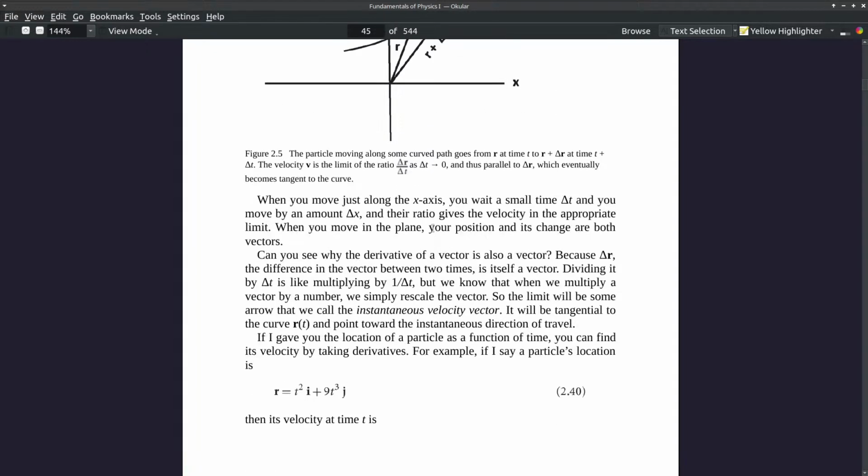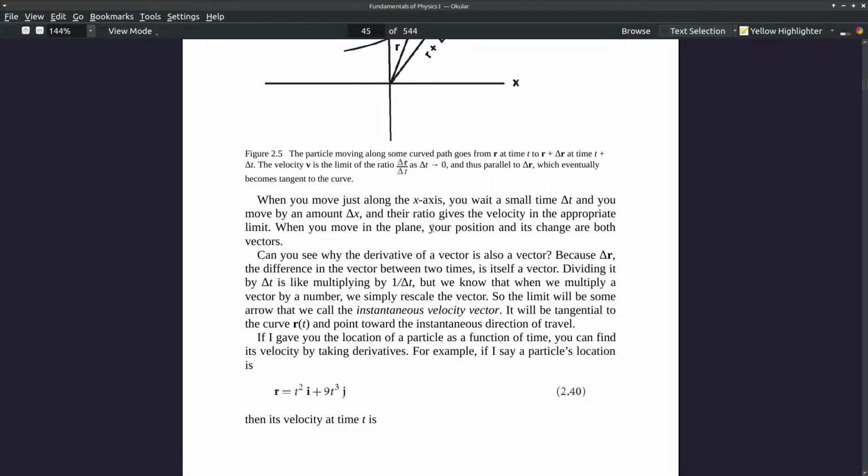When you move just along the x-axis, you wait a small time delta t, and you move by an amount delta x, and their ratio gives the velocity in the appropriate limit. When you move in the plane, your position and its change are both vectors. Can you see why the derivative of a vector is also a vector? Because delta r, the difference in the vector between two times, is itself a vector.